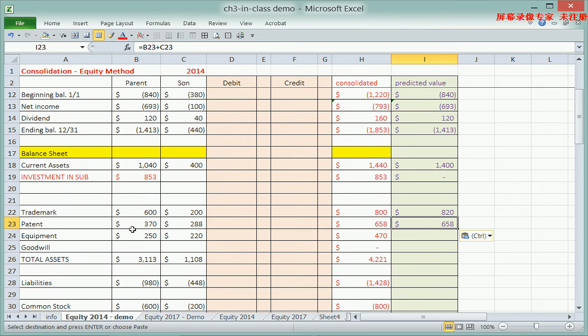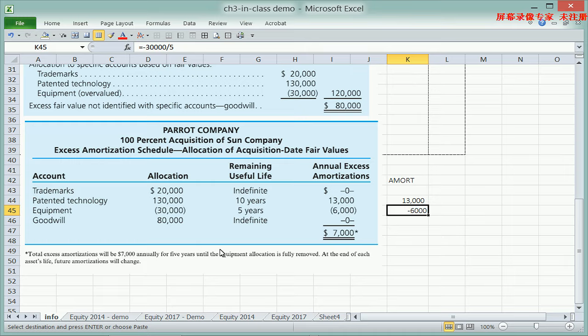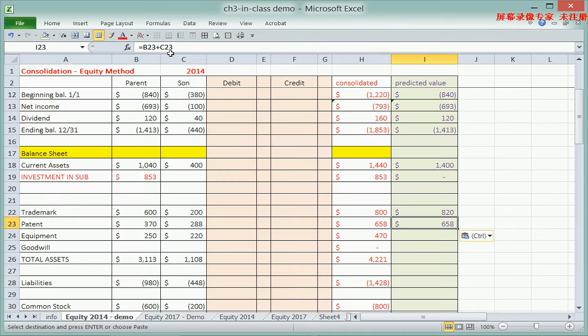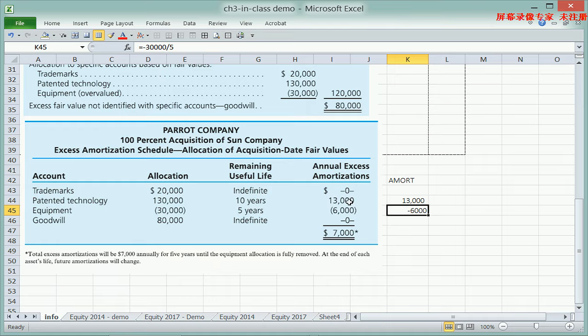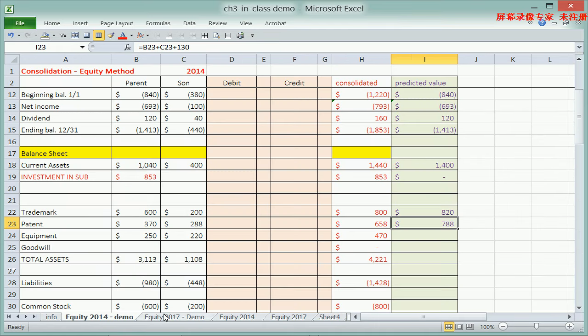The parent, we add the parent and the sub, and now if we look at the parent, it has 130,000 fair value excess, but every year we are amortizing 13,000. So this is 2014, 1 year after acquisition, which is 1/1/14. This is December 14. So we need to add the 130, but we need to minus 1 year of the excess amortization.